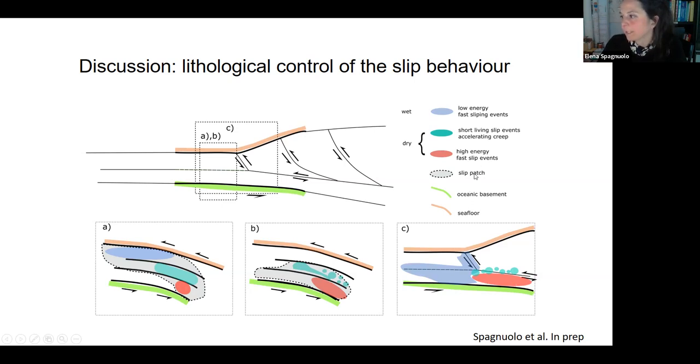And we expect some high energy fast slip events, very small short-living slip events at the contact between the upper part, where we have all the material accreted, and the lower part, which is compacted at this point and dehydrated. And we could have some low energy fast slip events even in this place, but also in the upper part of the megathrust.